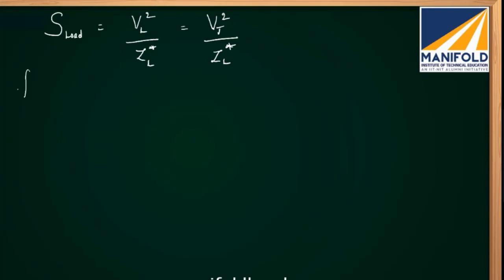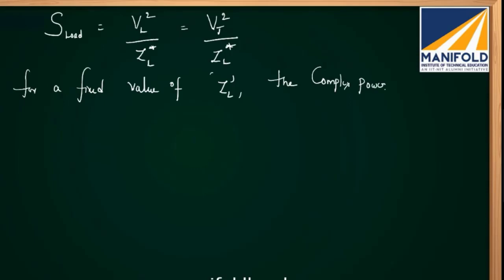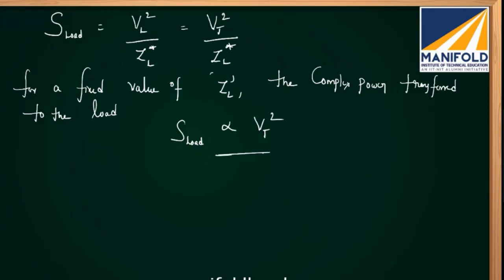So for a fixed value of ZL, the complex power transferred to the load is directly proportional to the square of transmission voltage.